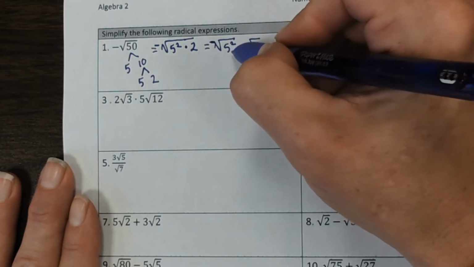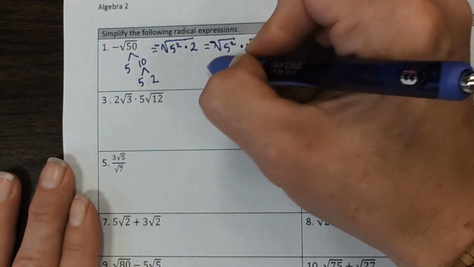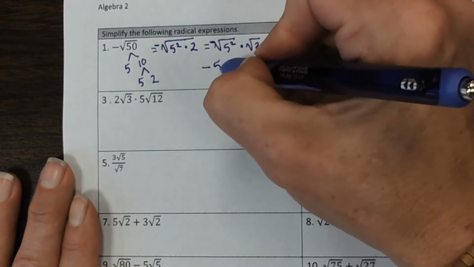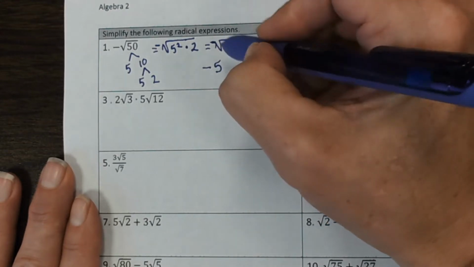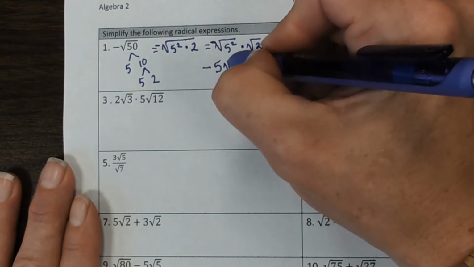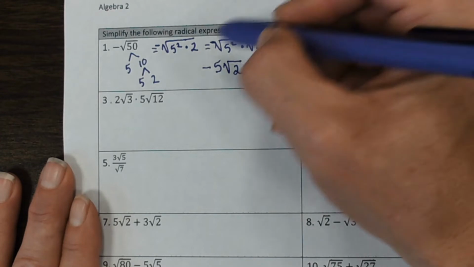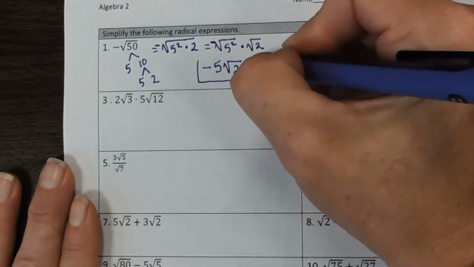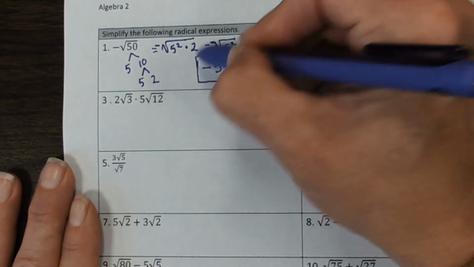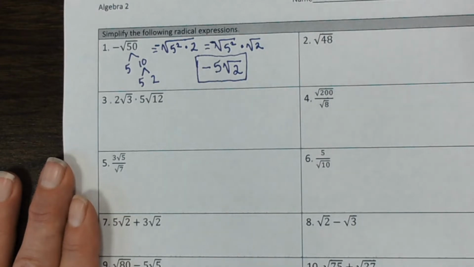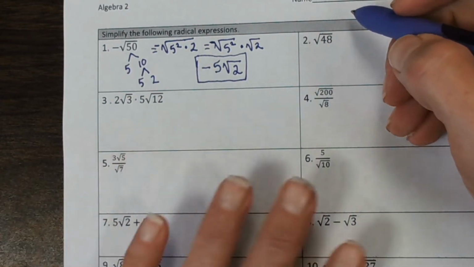The square root of 5 squared is 5, so I just bring my negative down, so that's negative 5. Root 2 does not simplify anymore, so I would just bring it down and it would stay under the radical. So my simplified radical would be negative 5 root 2.